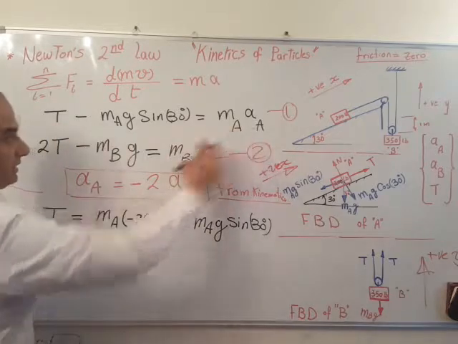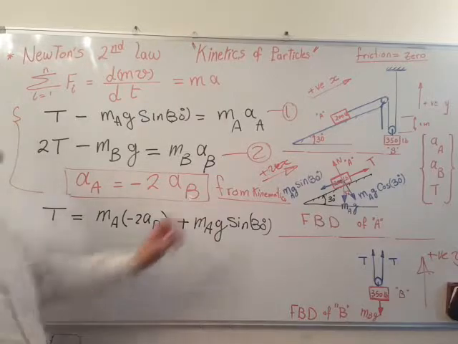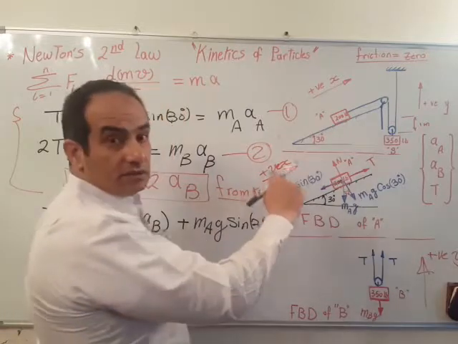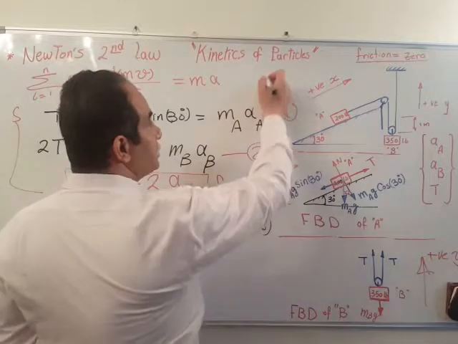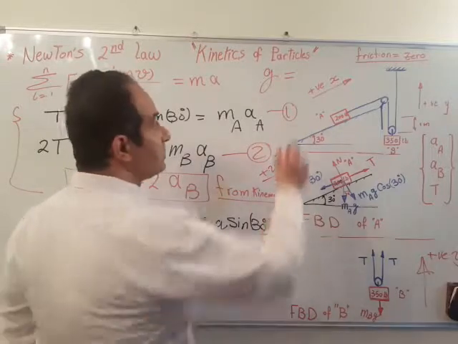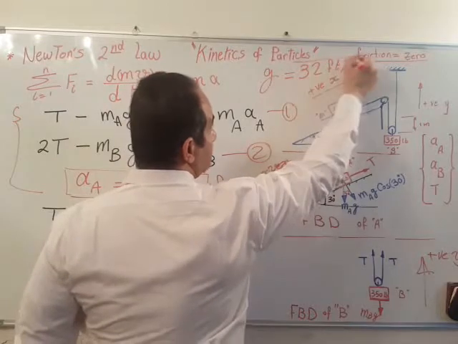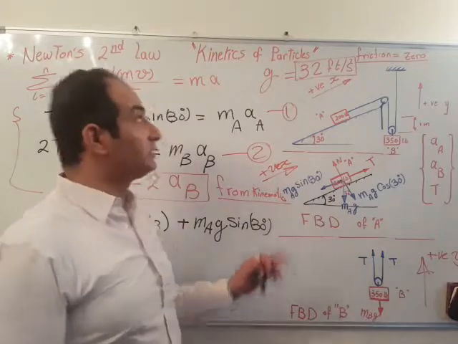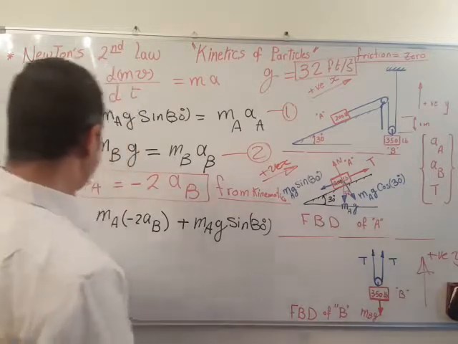Rearranging equation 1 after we substitute with this equation, we have the mass of A and the mass of B. Remember that you are going to use pound, foot, second units, so the gravitational acceleration G in this case is equal to 32 feet per second square.